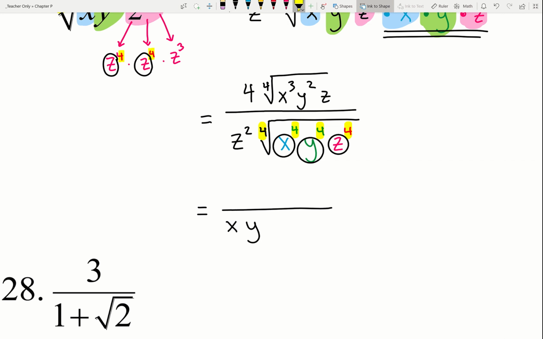But be careful here, because whenever you look at these z's, we had a z to the 2nd power that was already in front, and now we're introducing another z out to the front as well. So that's going to be 3 total copies of z there. So we're going to say z to the 3rd power, okay? And then we're going to, of course, write that underneath 4 times the 4th root of x to the 3rd, y to the 2nd, z.